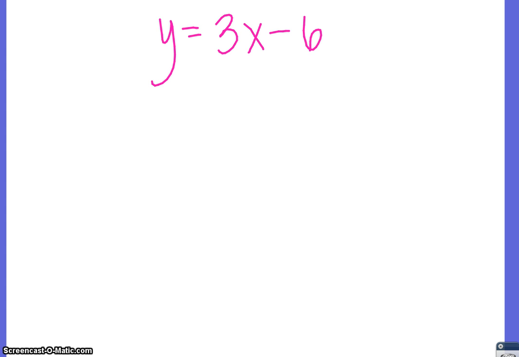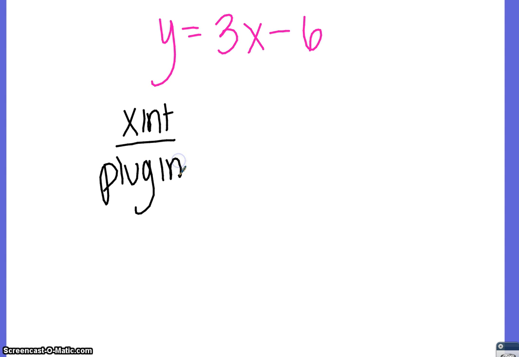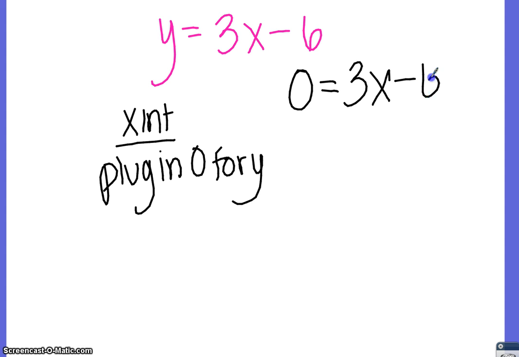So look how this would work. If we want to find our x-intercept first, I'm going to plug in a 0 for y. So here's how that one would work. I'd have 0 equals 3x minus 6.